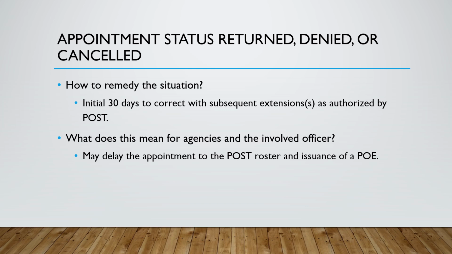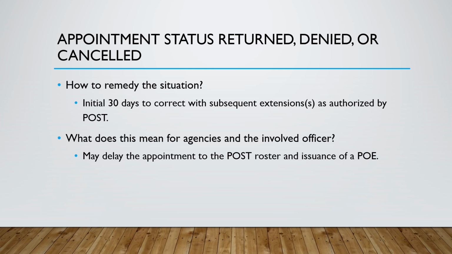What does this mean for agencies and the involved officers? Well, in either case, it could result in a delay of an appointment to the agency's POST roster, as well as the issuance of a POE. Cancellation of an appointment to a POST roster will cancel the proof of eligibility.